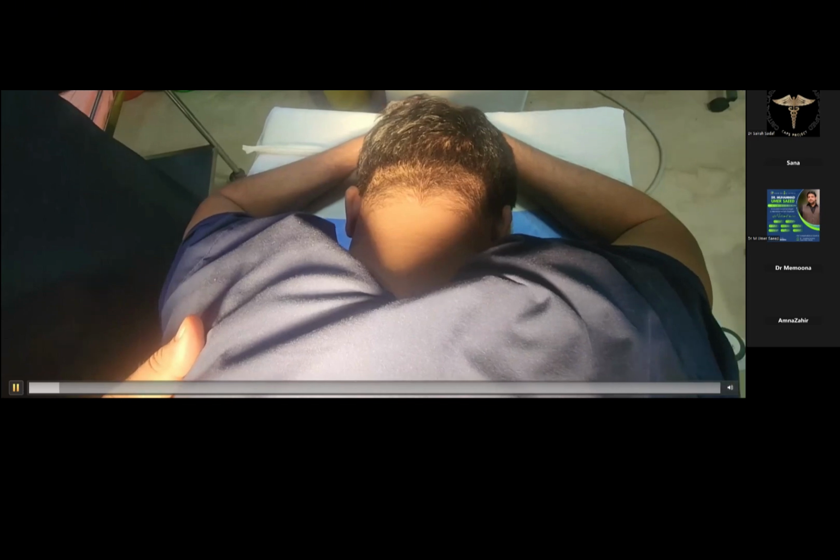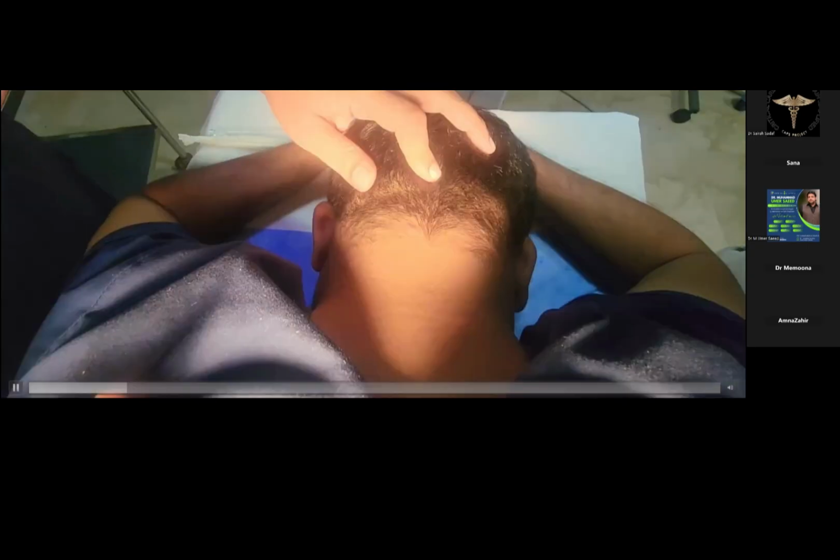As you see, my finger is at the occipital protuberance, and then we draw a line from the occipital protuberance to the mastoid process here. I'm using the tissue paper to show you how to draw a line.